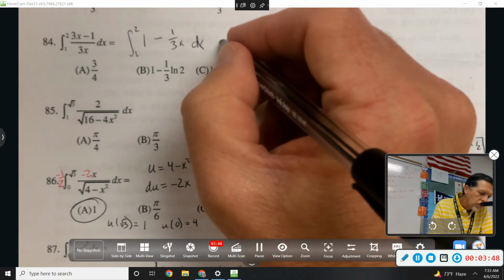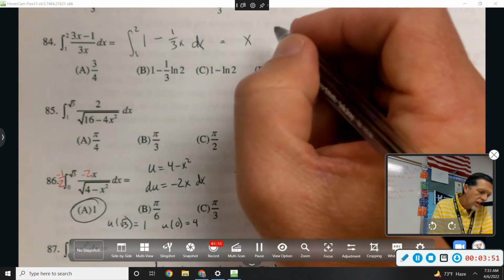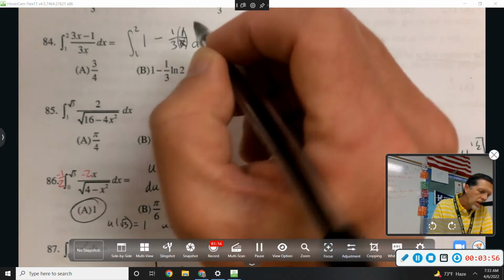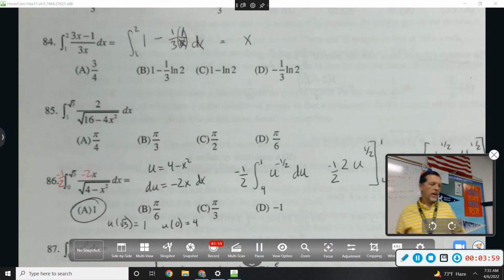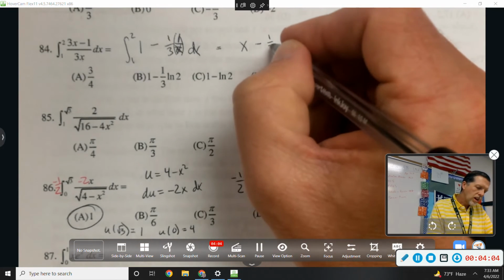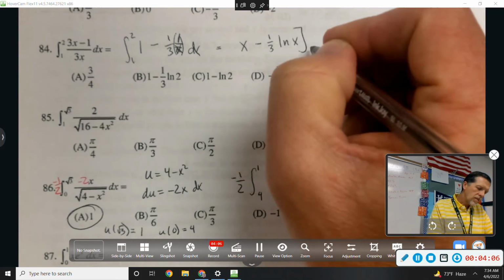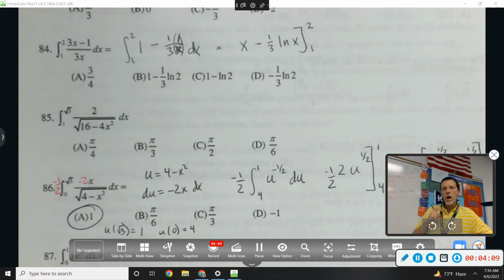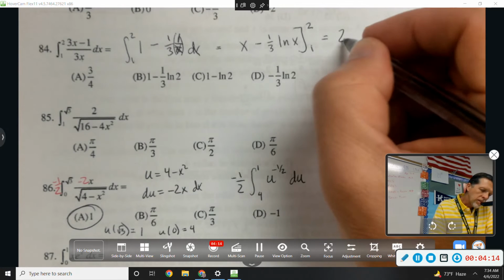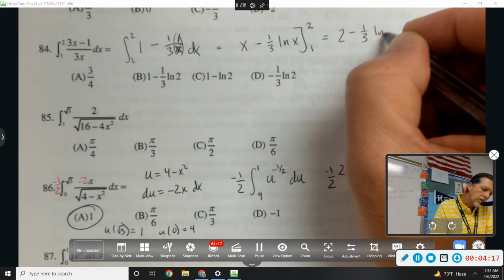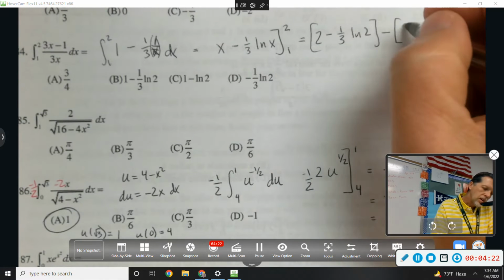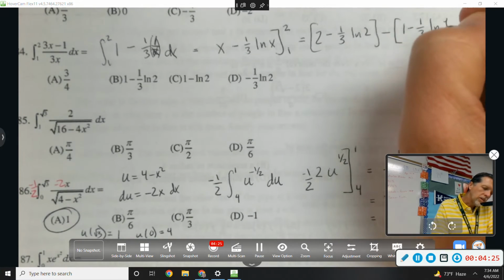So, let's see, the integral of 1 is just x. And then, if I view that as 1/3 outside of 1 over x, that way I don't have to deal with the 1/3. The integral of 1 over x is natural log, from 1 to 2. So plug in 2: 2 minus 1/3 natural log 2. And then plug in 1: 1 minus 1/3 natural log 1.